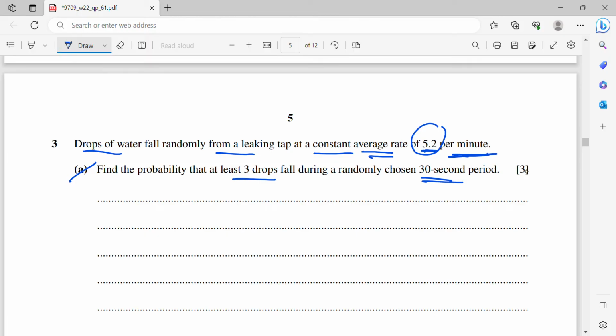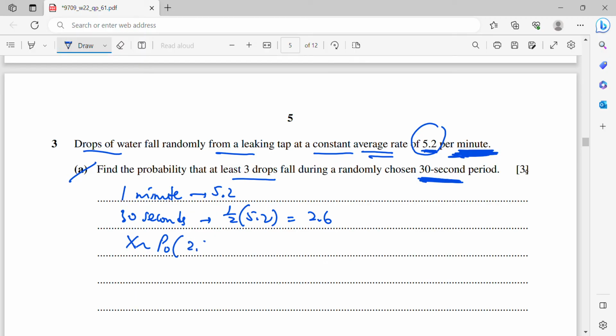This 5.2 is for 1 minute. Now we are looking at 30 seconds. If 1 minute is 5.2, then 30 seconds will be half of 1 minute, so half of 5.2. Therefore, I will get 2.6. So from here, I will say that X is Poisson, Po(2.6).